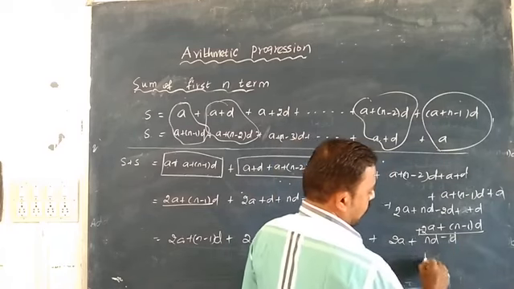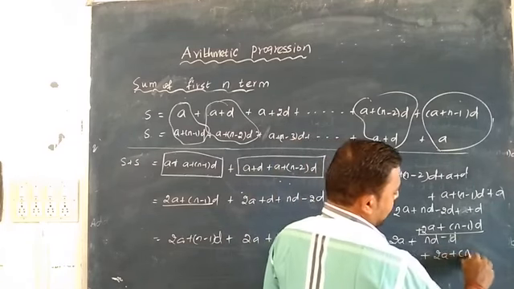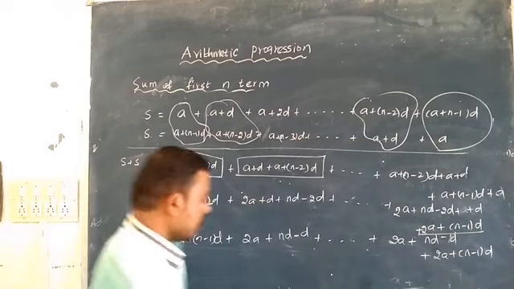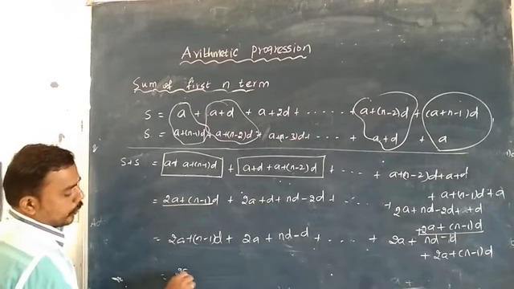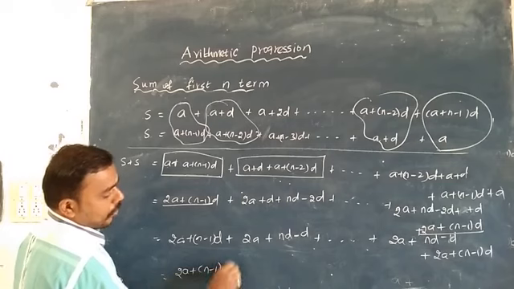Here, no problem, directly plus 2a plus (n minus 1) into d. That is 2a plus (n minus 1) into d, no problem.